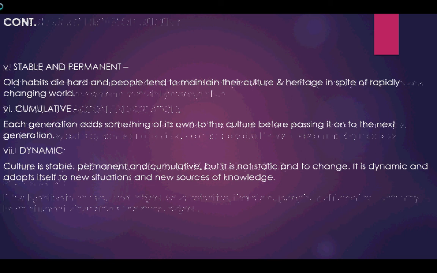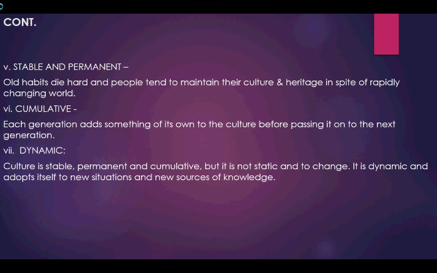Stable and permanent. Old habits die hard, and people tend to maintain their culture and heritage in spite of a rapidly changing world. Cumulative nature. Each generation adds something of its own to the culture before passing it on to the next generation. Again, it's a dynamic.